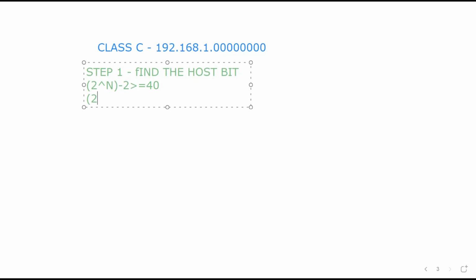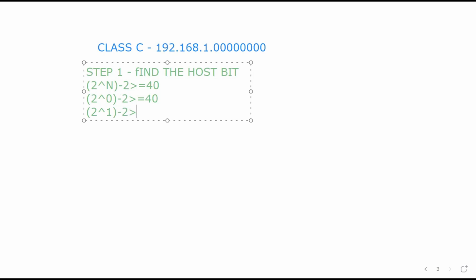So shall we start by putting values of n? 2 to the power 0, minus 2. Is it greater than or equal to 40? No. Then we put another value, 2 to the power 1 minus 2, greater than or equal to 40? No. Then 2 to the power 2 minus 2, greater than or equal to 40?